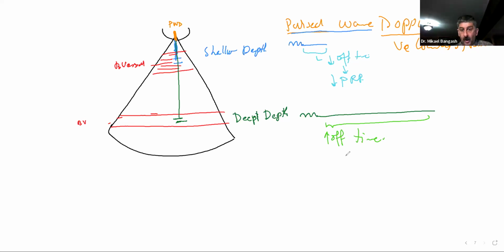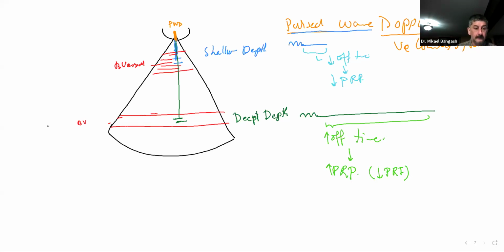And what was that greater time going to do? Mainly it will cause a greater PRP. And on the other hand, that greater PRP means that we will have an inversely and reciprocally lower PRF.